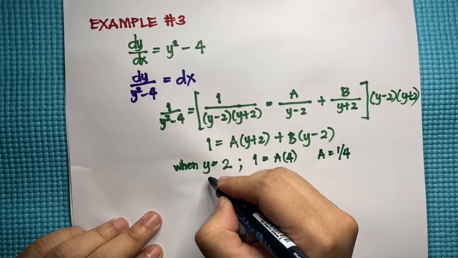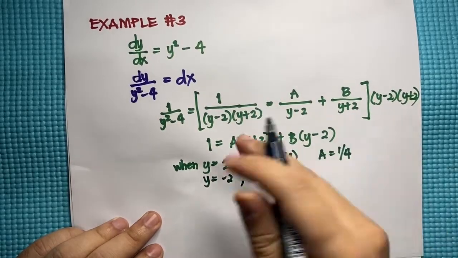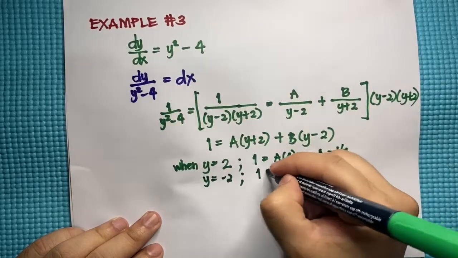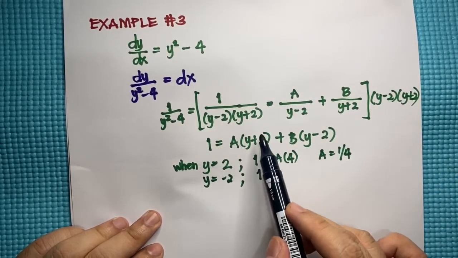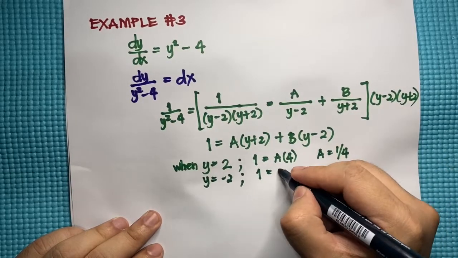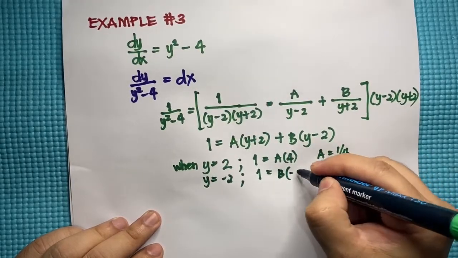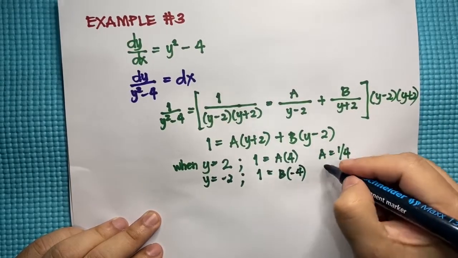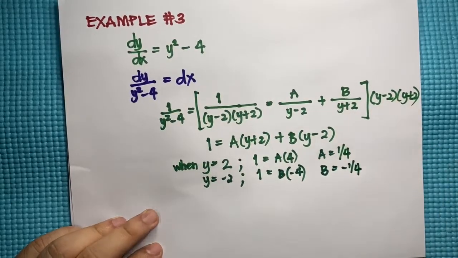And then when y becomes negative 2, that would still be 1. However, this time, the negative 2 plus 2 is 0, leaving us B to be equivalent to 1 over negative 2 minus 2, which is negative 4. So giving us B to be equivalent to negative 1/4.